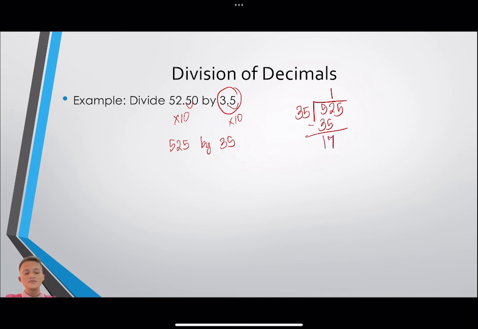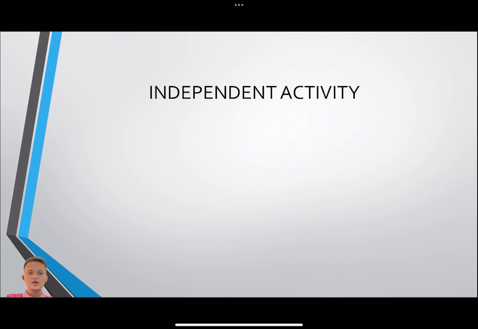Bring down 5. 175 divided by 35 is 5. 35 times 5 is 175. 175 minus 175 is 0. Therefore, the answer is 15. Okay? Now, let us go to the independent activity.